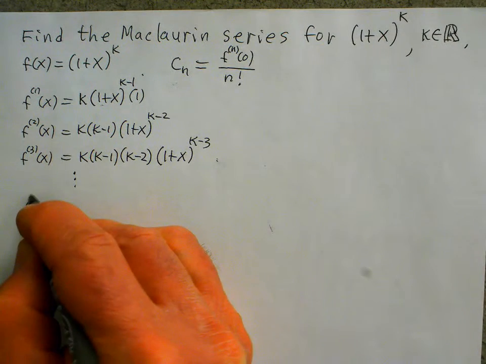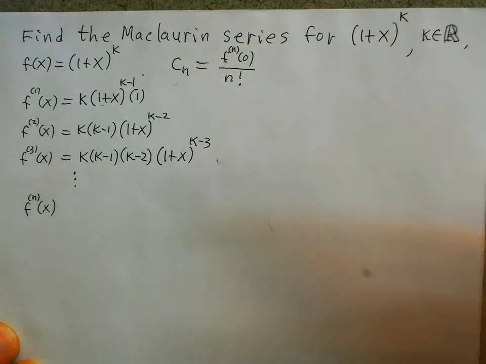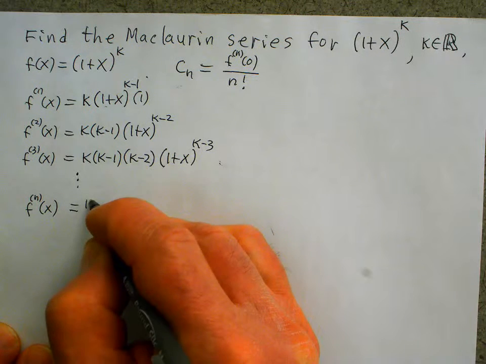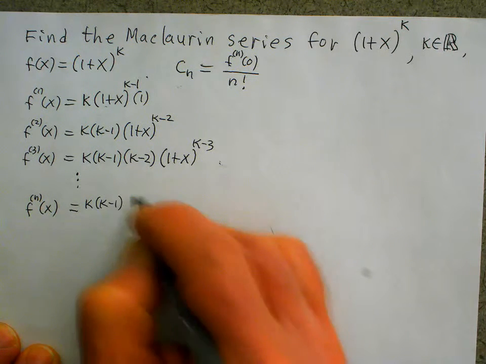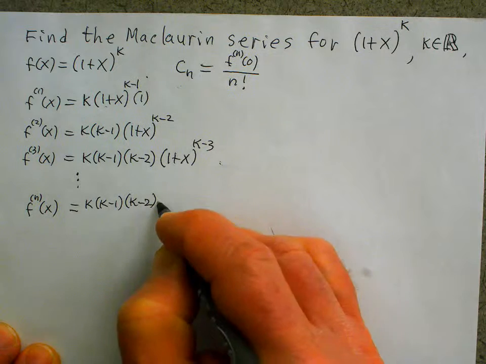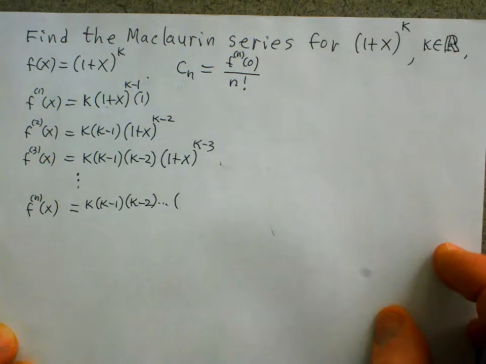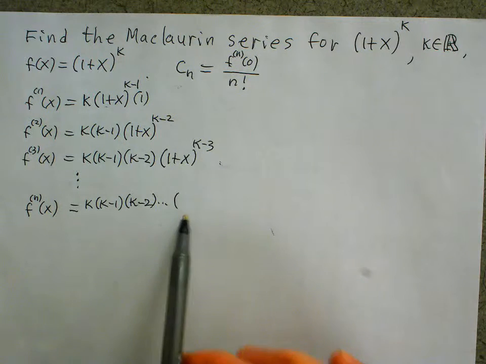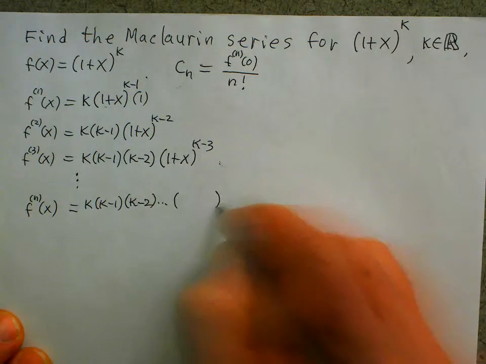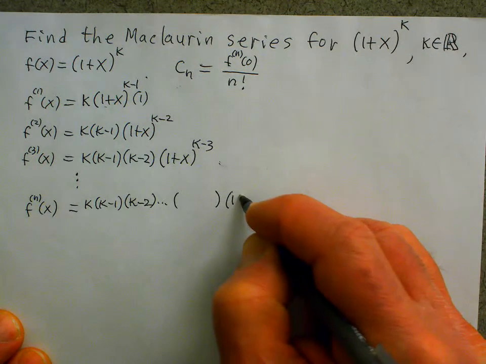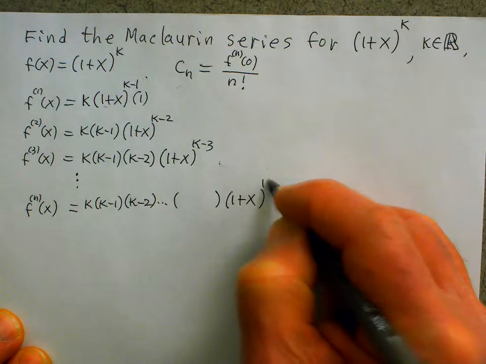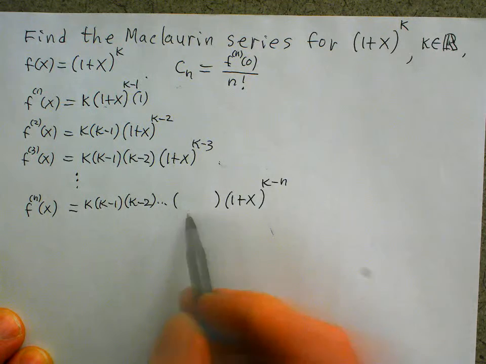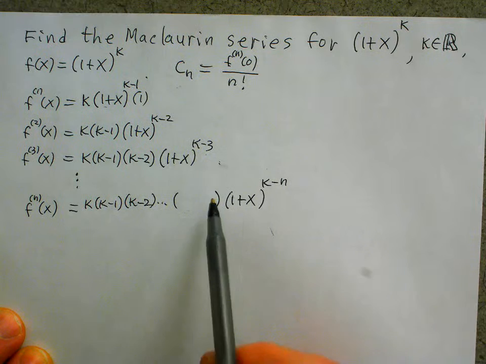So the nth derivative of f of x is going to be k times k minus 1 times k minus 2, dot, dot, dot. So what comes after that? The last constant factor before we multiply by 1 plus x to the k minus n. So let's go back and see if we can see what the pattern is.